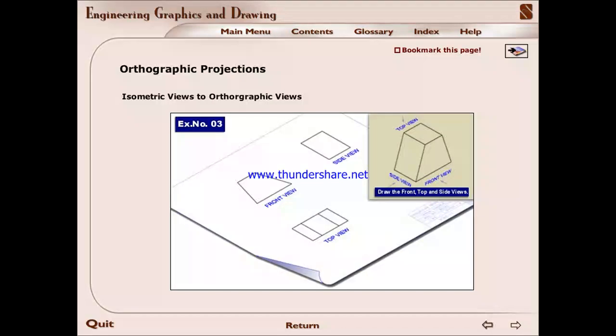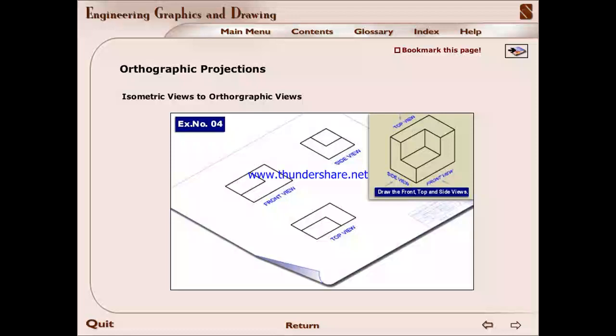Next, 3. For the figure, top view, front view and side view. For given this figure, front view, side view, top view.